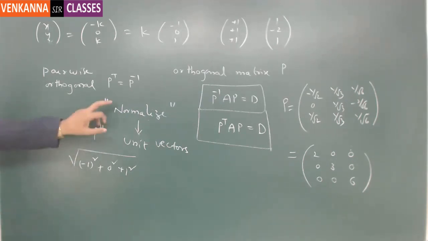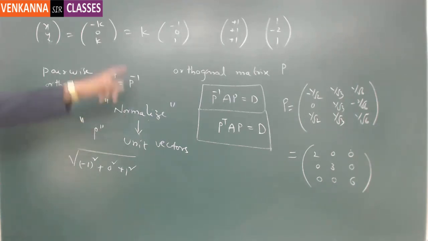Now, normalizing the eigenvectors, nothing but dividing by their magnitude, you will get the respective unit vectors. You consider them as columns of the matrix P. So P transpose AP is nothing but the required diagonal matrix 2 3 6. Is it clear or any doubts?